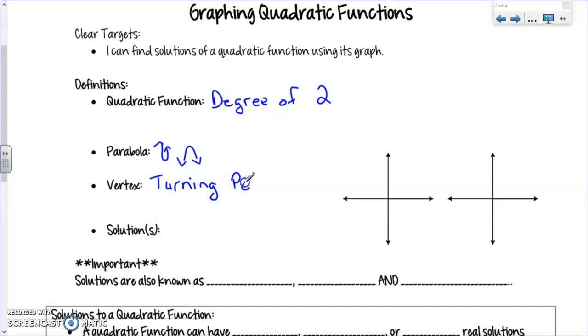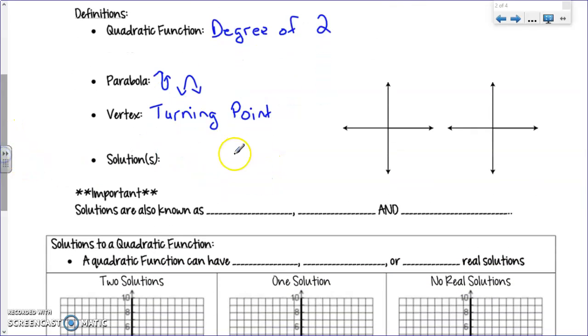It's either going to be a min or a max. The solutions are your x-intercepts. Solutions are also known as x-intercepts, zeros, these are what they're called, or roots.